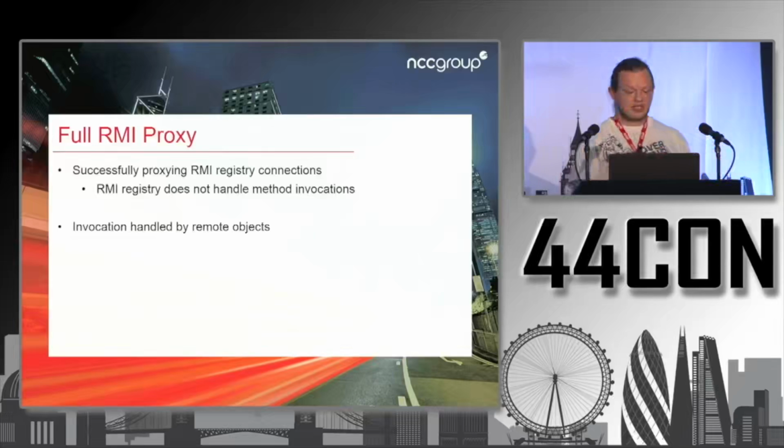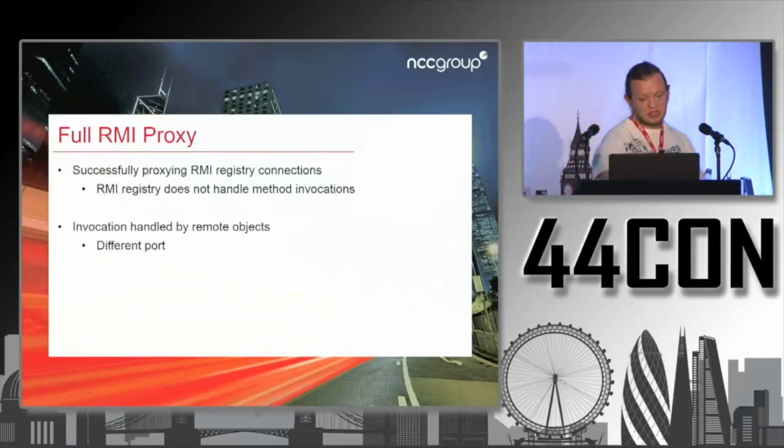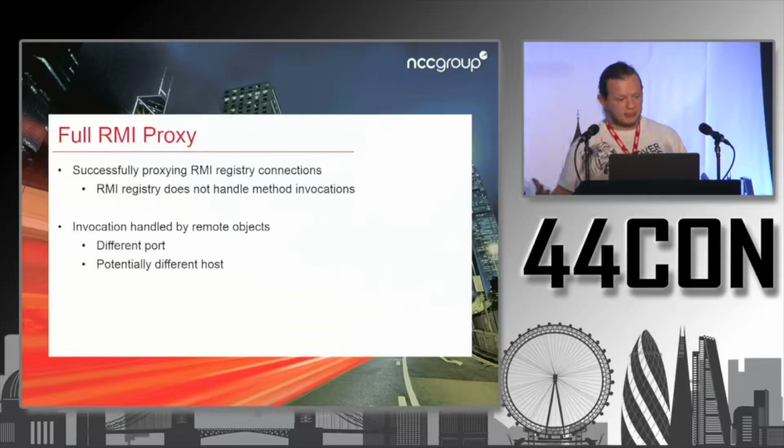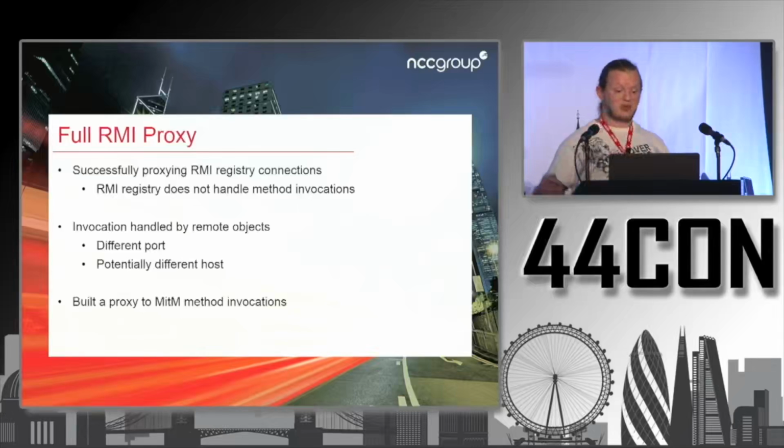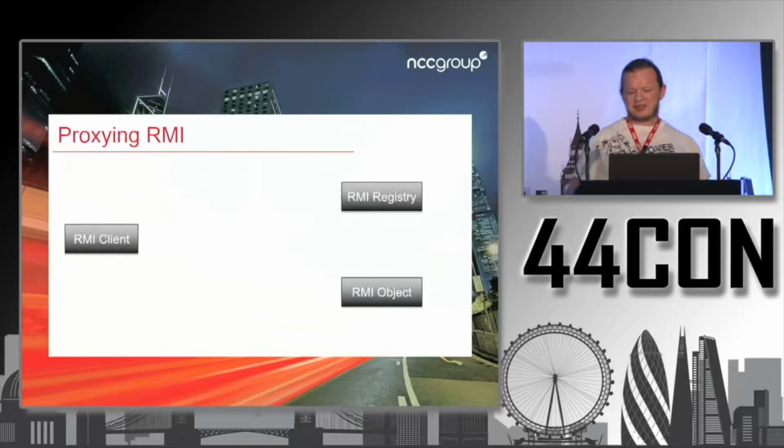Like I said, the invocation's handled by the actual remote objects rather than the registry service, which can sit on a different port that's potentially on a different host. So I built a proxy to man-in-the-middle remote method invocations, and it was a bit fiddly to do. It was a bit of a nightmare to put together and get working nicely.